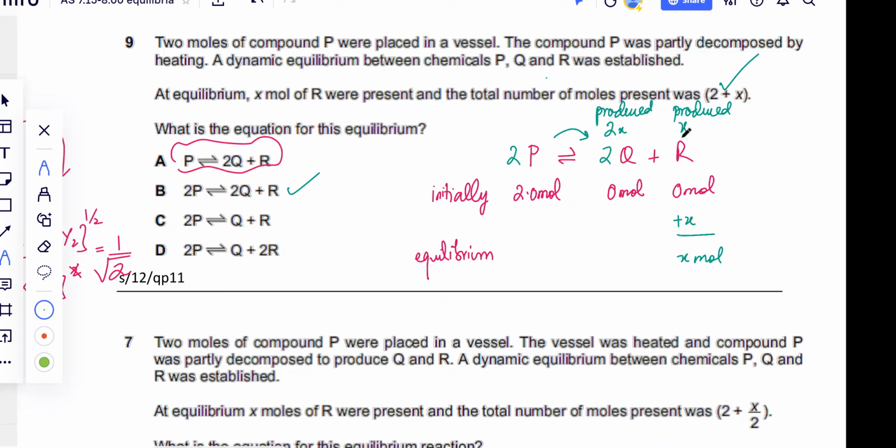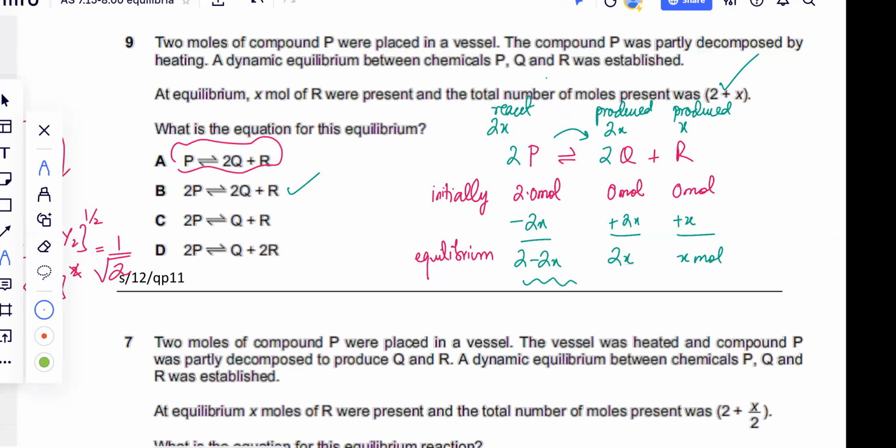So to produce X moles, there should be 2X moles of P that would react. So now at equilibrium, you'll have an extra 2X moles of Q, and you're going to have minus 2X moles of P because they're reacting. So you'll have 2X moles, and this would be 2 minus 2X moles.